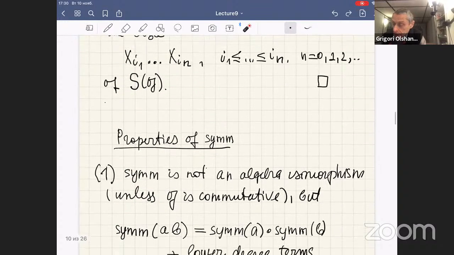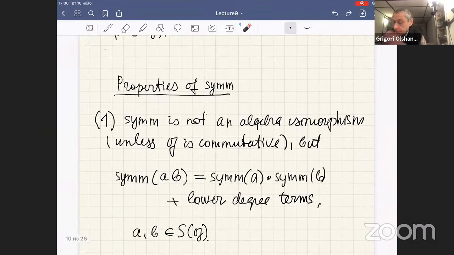Now the properties of the symmetrization map. So I repeat, it's not an algebra isomorphism unless G is commutative, but it is, in the first approximation. So if you take the image under symmetrization of the product of some two elements A and B, we get the product of the images up to low degree terms.